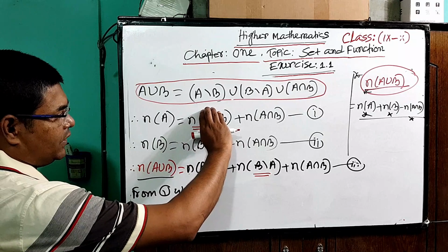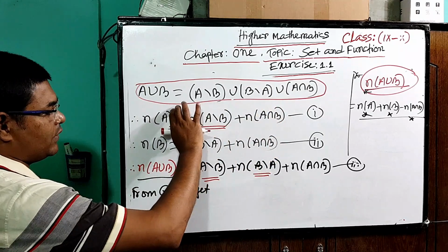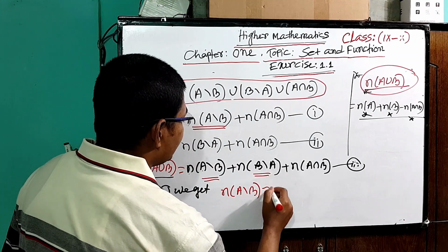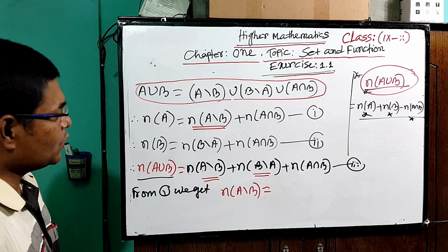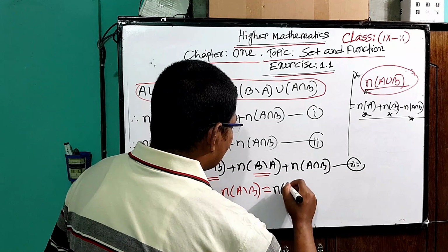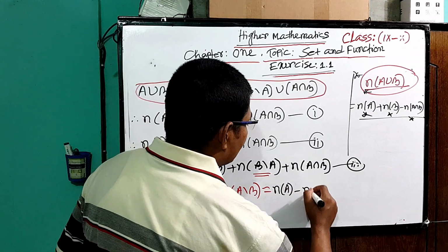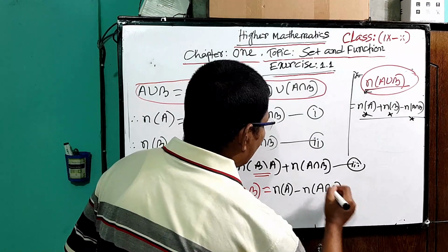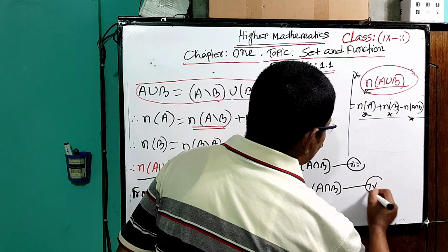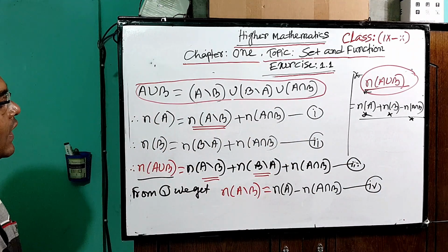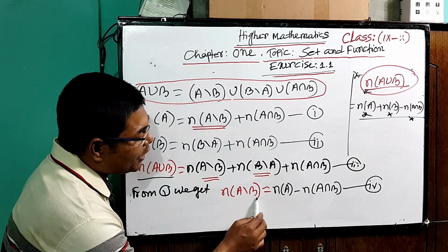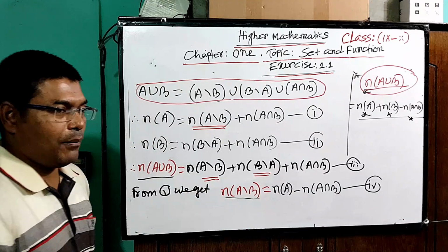If we transfer, we get n of A difference of B equal to n of A minus n of A intersection of B, from 1, 2, 3. So we can use number 4. So already we have got the value of n of A difference of B.